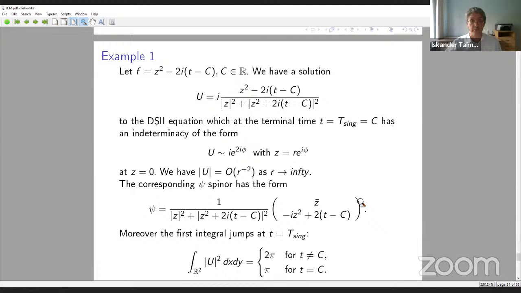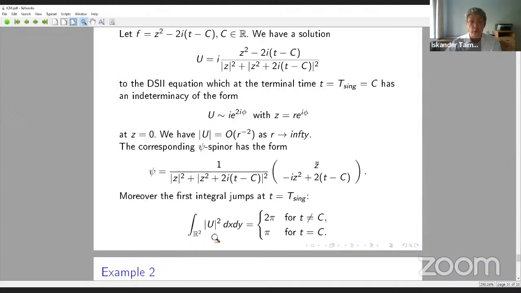We have this solution, which at the terminal time has an indeterminacy of this form, an indeterminacy at one point. Nevertheless, it is decaying outside this point. U belongs to L2. The corresponding spinor has this form. It has a singularity at the moment when t equals c.